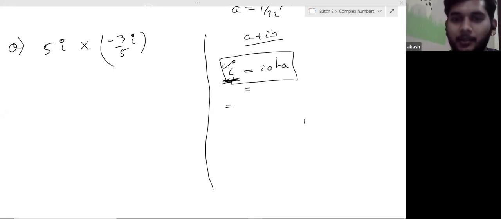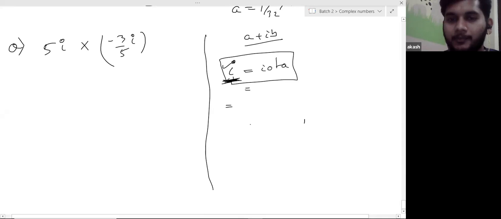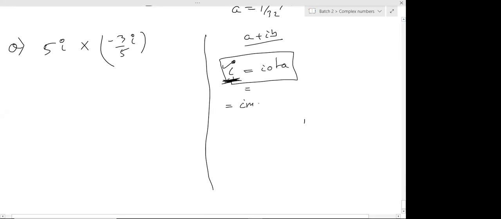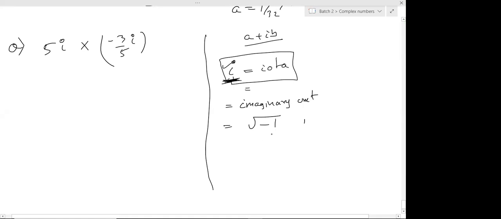Atisha, what is this? Iota, right? Yes, sir. And what do you know about iota? Sir, iota is an imaginary unit, and the value is under root -1. Imaginary unit. The value is under root -1. Right? Okay. Akash, are we clear now? This is an imaginary unit.